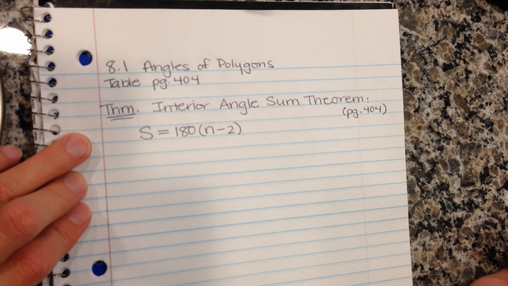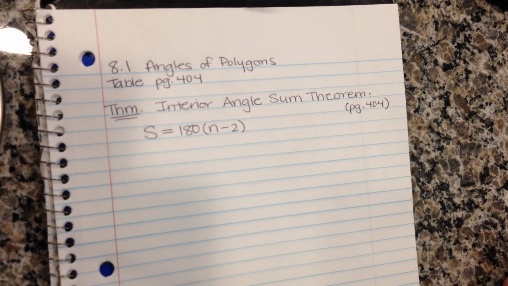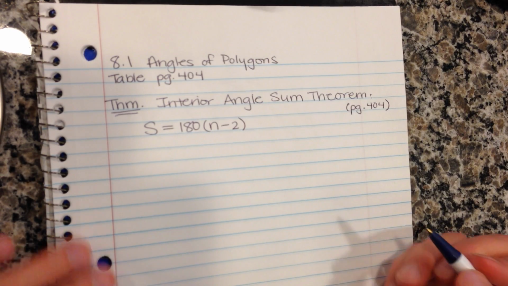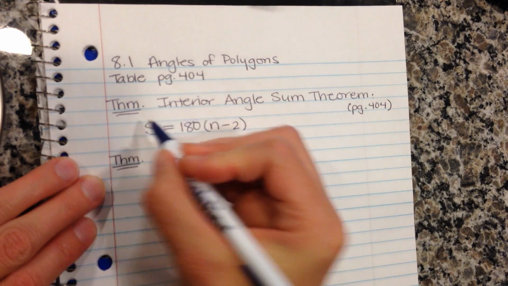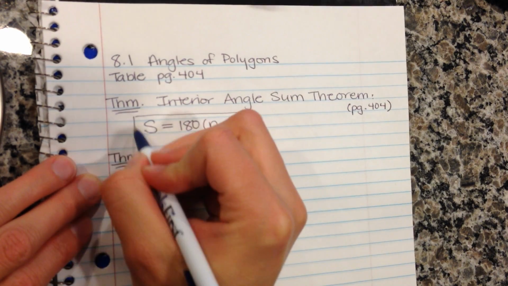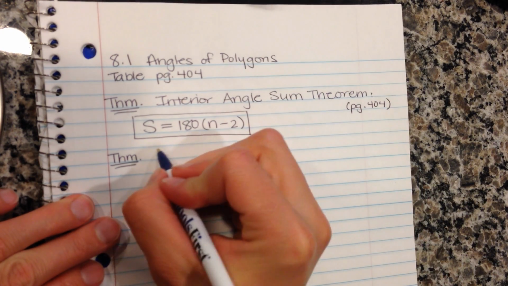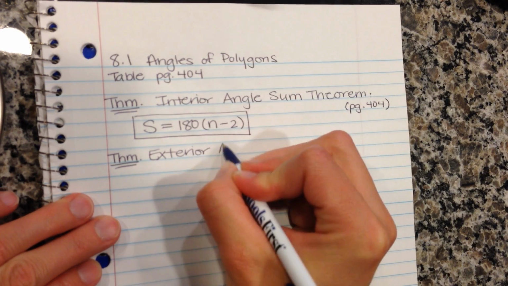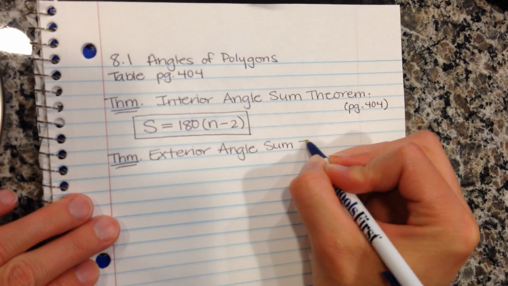Okay, so I'm going to write out what all of our formulas are, and then I'm going to show you guys how we're going to use those. So the next formula that we're going to look at is the exterior. Now this is the interior angle sum theorem I'm going to come back to, and then the next theorem is the exterior angle sum theorem.